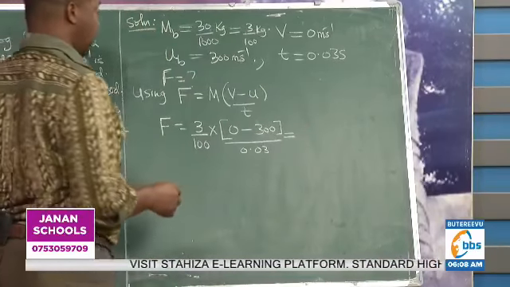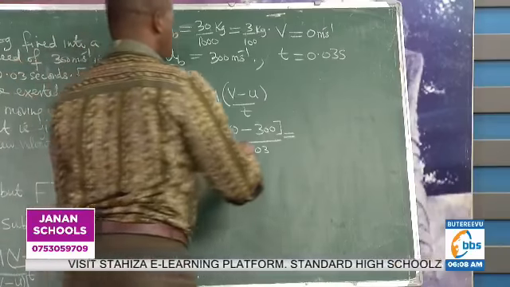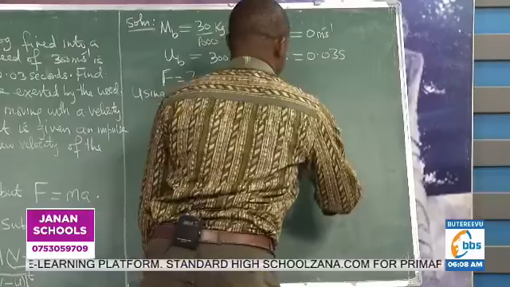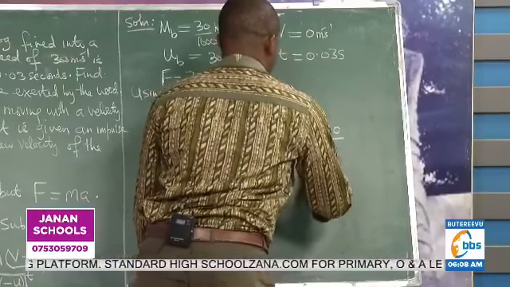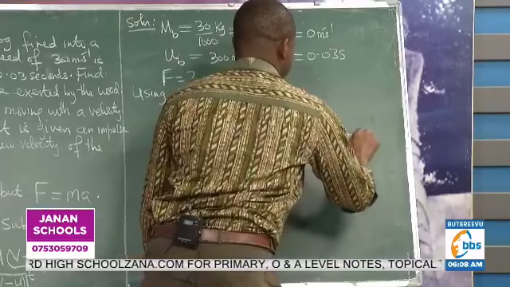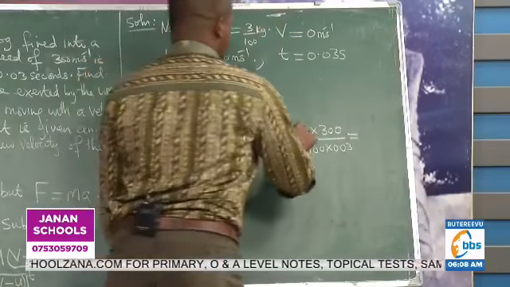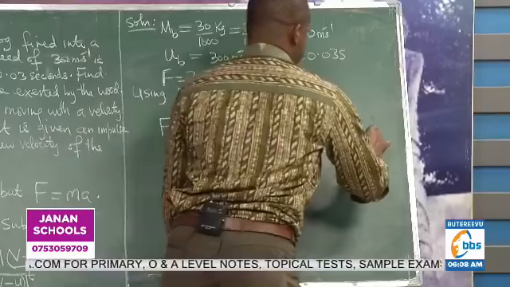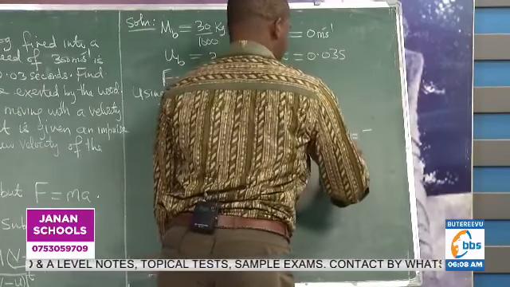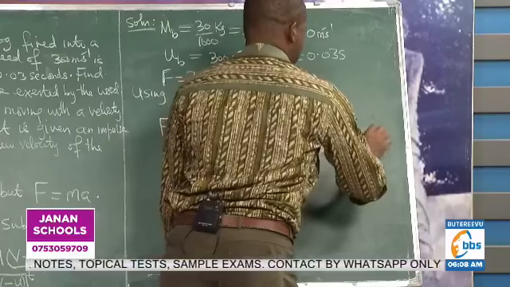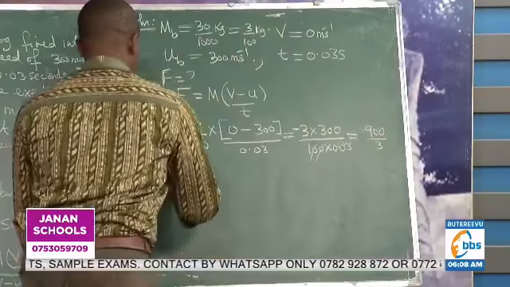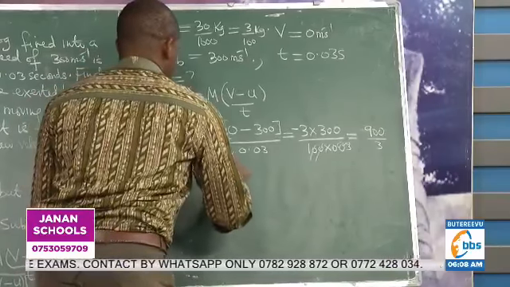This is going to give us a value of 3 times 300 over 100 times 0.03. When we compute this, we shall get a value of negative 300. These two zeros will drive the decimal point out of here, giving us 900 out of 3. And this will give us the resistance as 300 newtons.